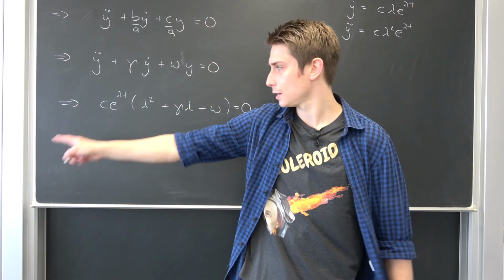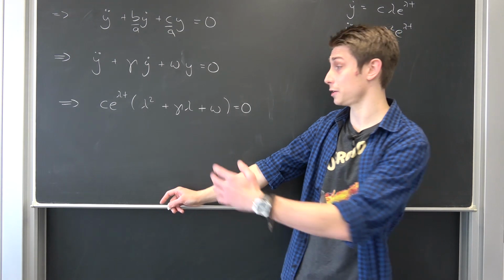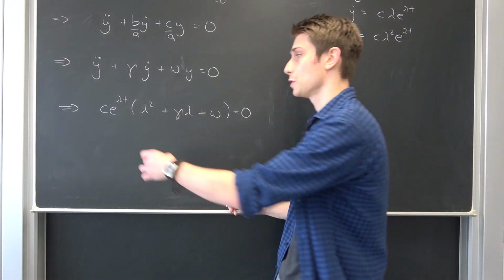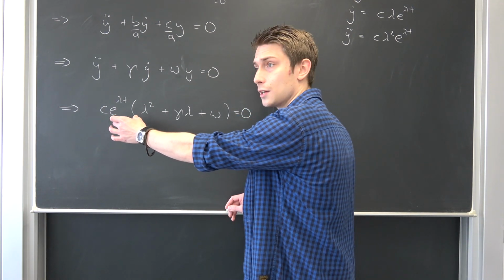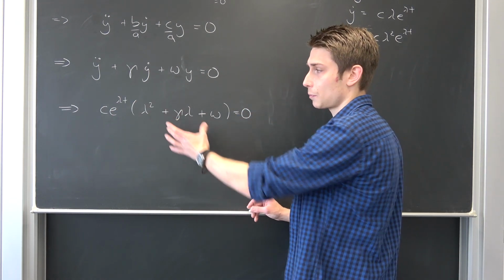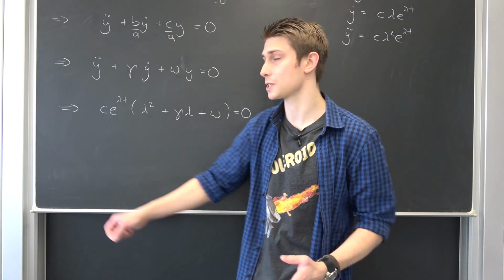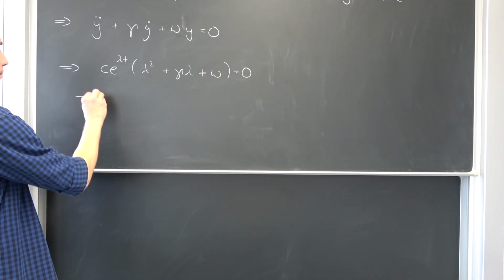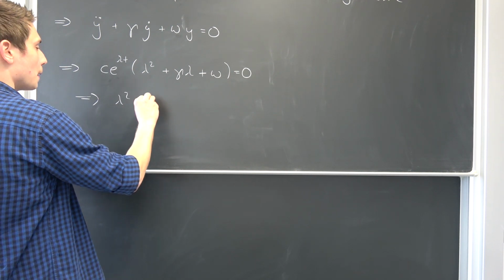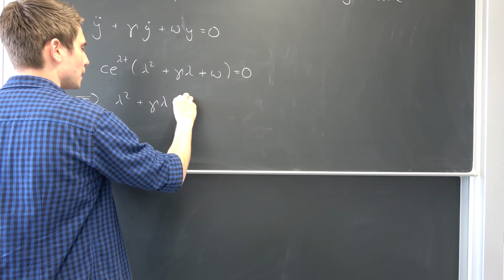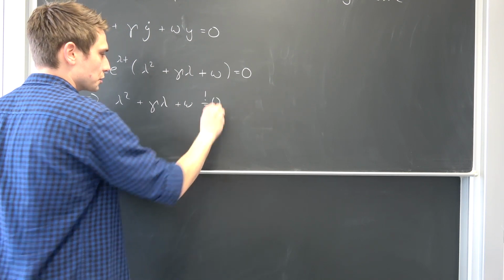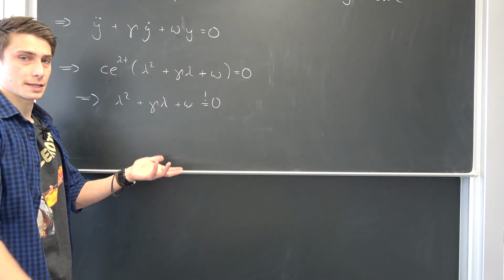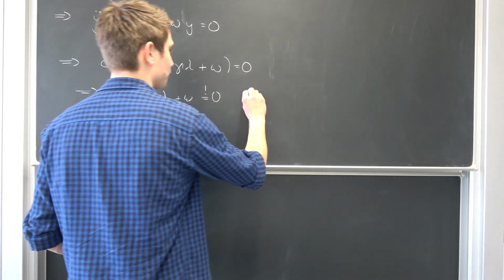Like I said, this is not equal to 0, and a product of two things is 0 if and only if the first part is equal to 0 or the second part is equal to 0. This can't be equal to 0, so this is bound to be equal to 0. Meaning, this implies that lambda squared plus gamma times lambda plus omega squared must be equal to 0. And we can solve this easily by taking a look at the quadratic formula.